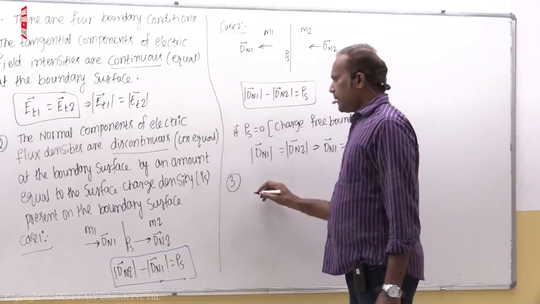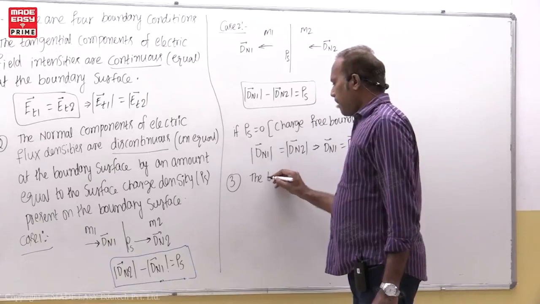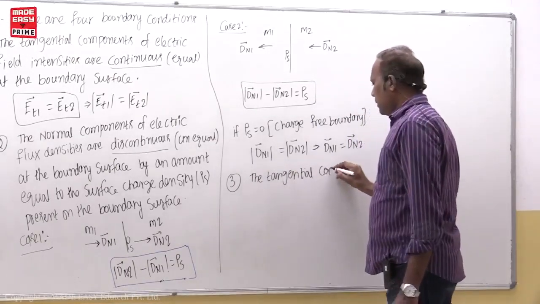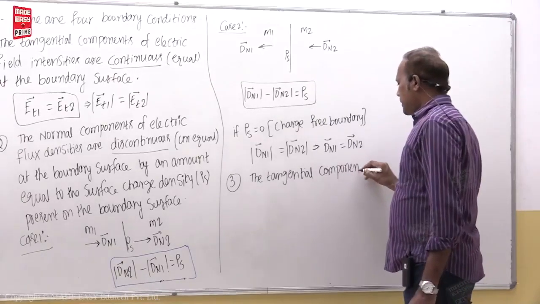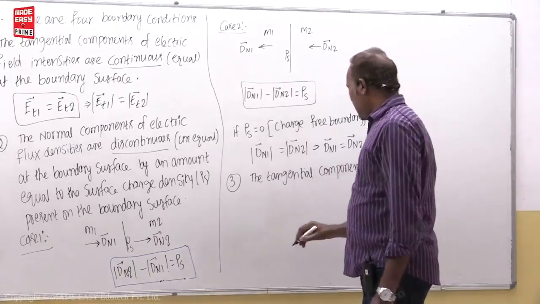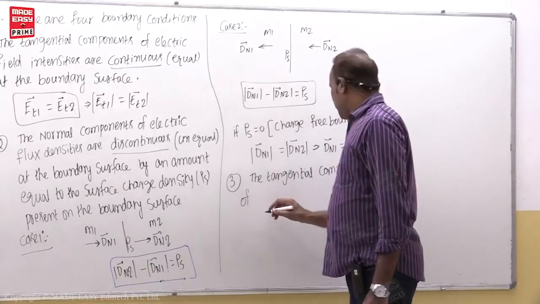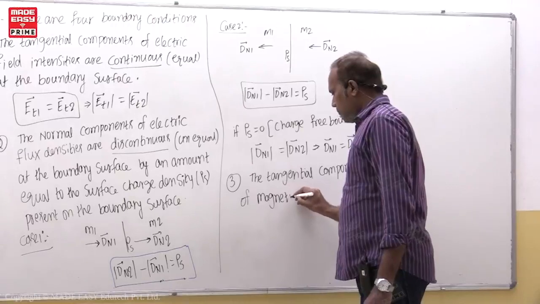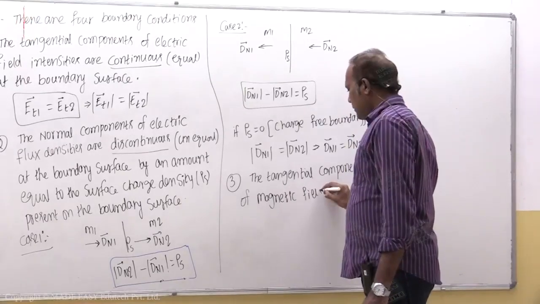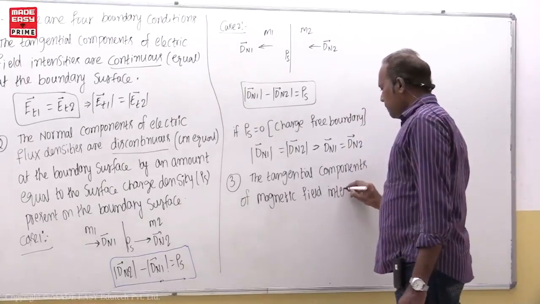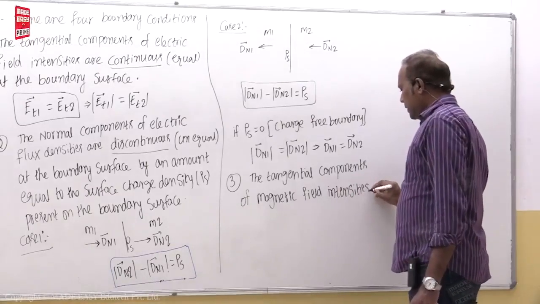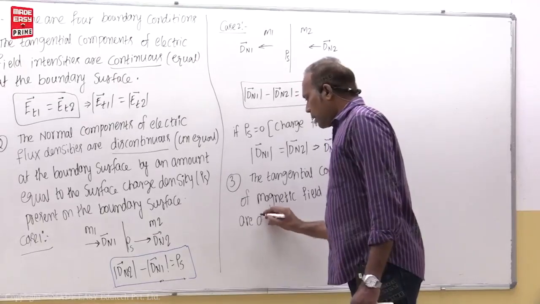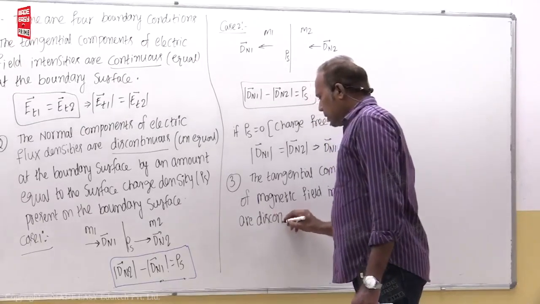Then the third boundary condition: the tangential components of magnetic field intensities are discontinuous.